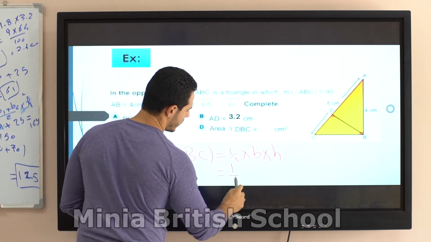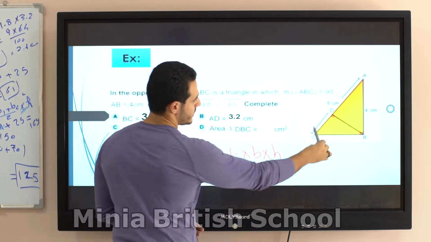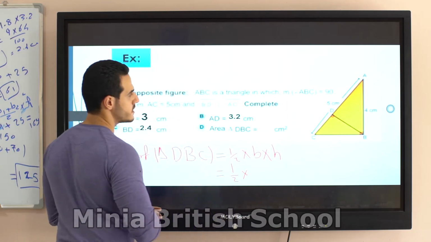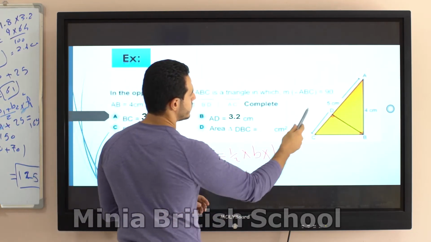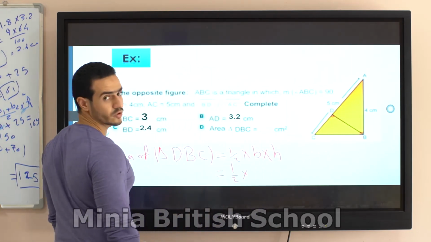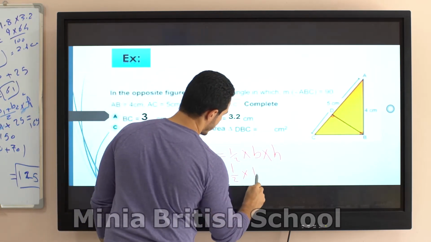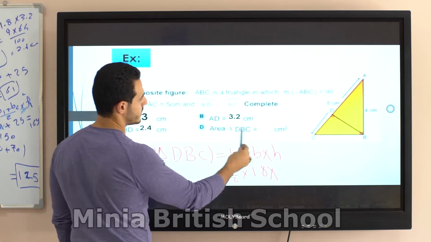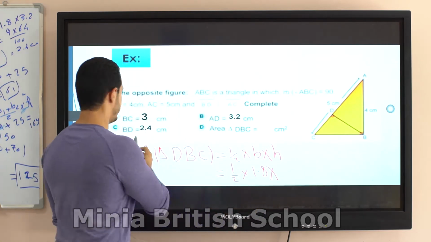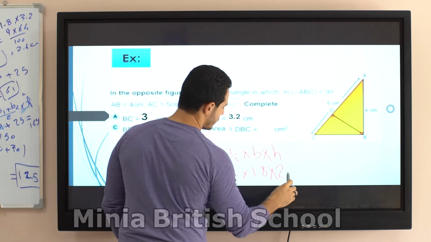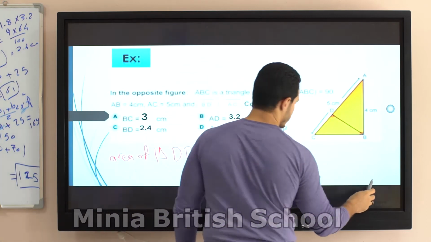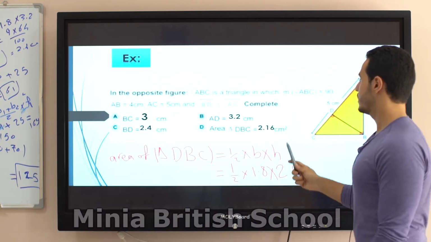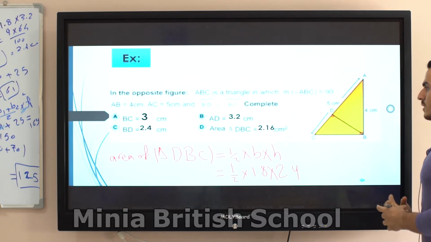Half times the base DC, where DC equals 5 minus 3.2 equals 1.8, times the height BD, which equals 2.4. So it will be 2.16.